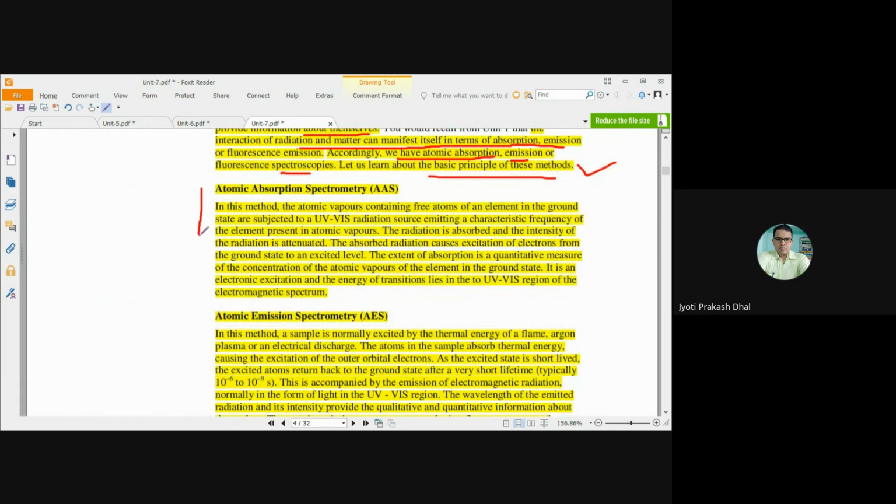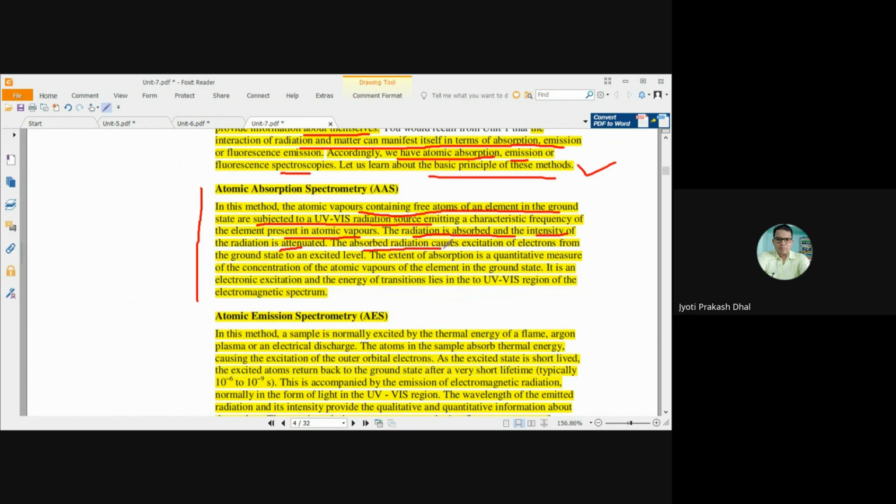The first one is atomic absorption spectroscopy, AAS. In this method, the atomic vapors containing free atoms of the element in the ground state are subjected to UV visible radiation of a characteristic frequency of the element present in the atomic vapors. The radiation is absorbed and the intensity of the radiation is attenuated.